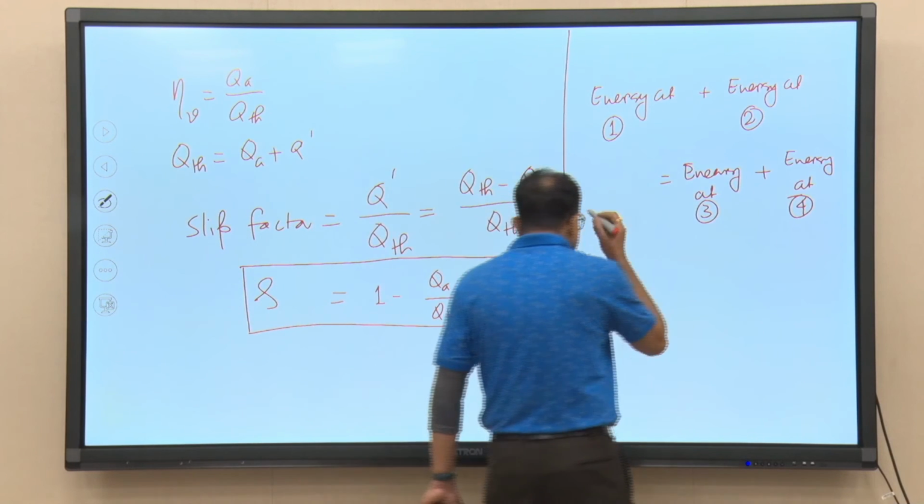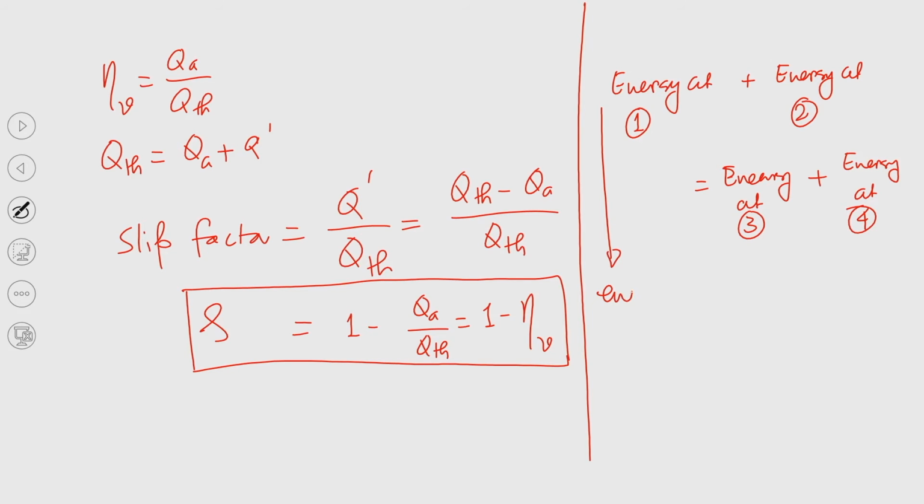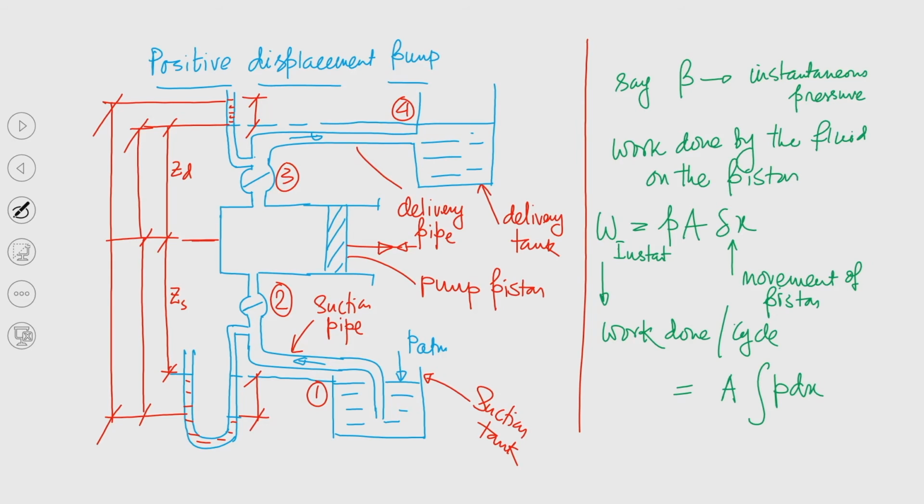But before going so, let us consider the following. The analysis of the suction side and delivery side will give us some physical insights, and that will be very much required from the pump operational point of view.